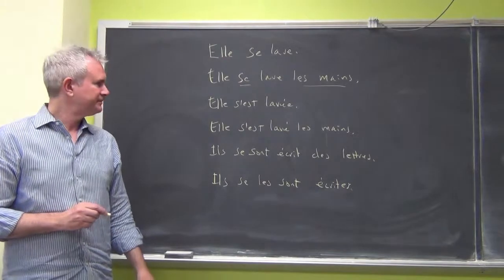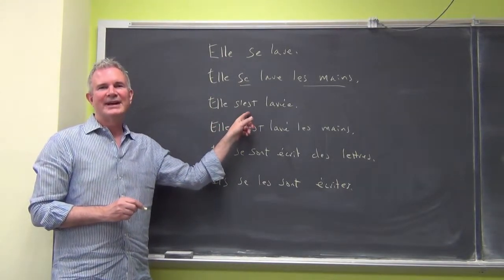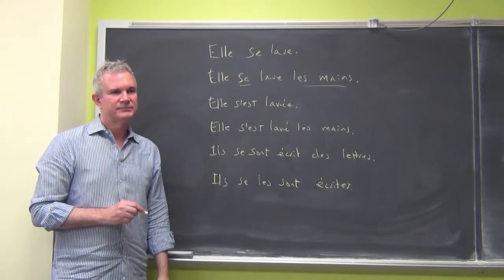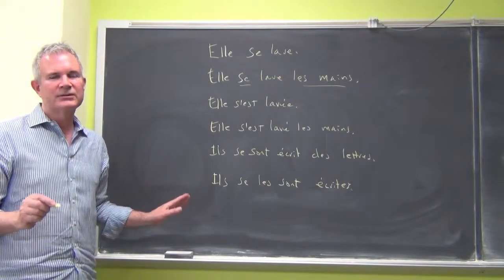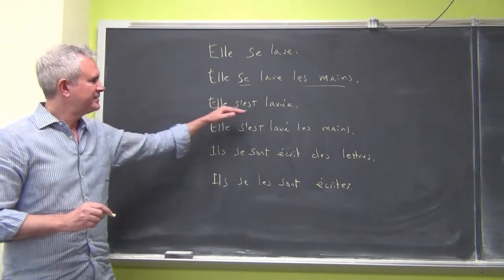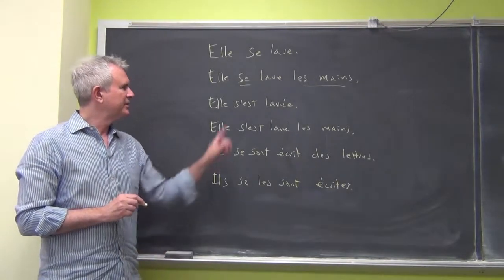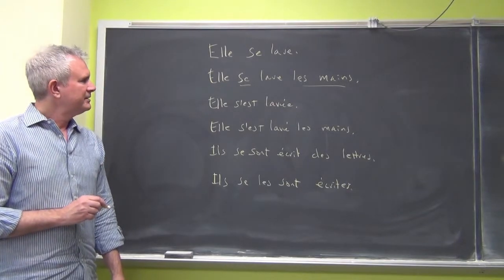A couple of things to observe with reflexive verbs. First, they conjugate with the auxiliary verb être in the past indefinite. No matter whether they take être or avoir as non-reflexive verbs in the present, as reflexive verbs they're going to take être in the past indefinite.